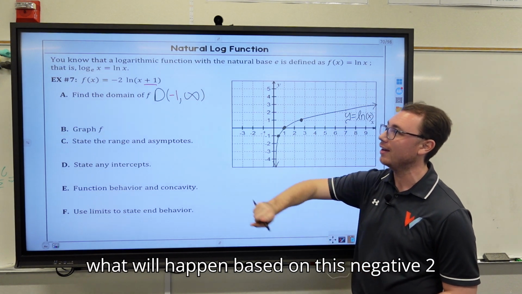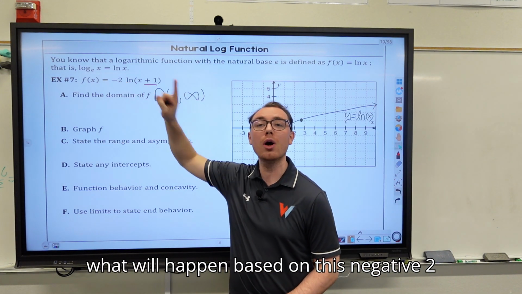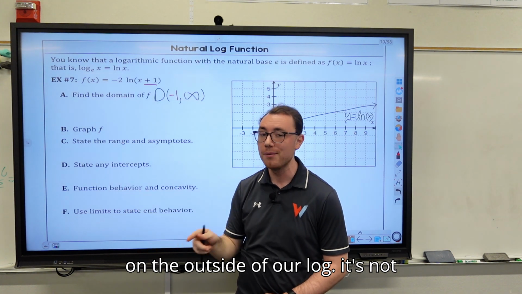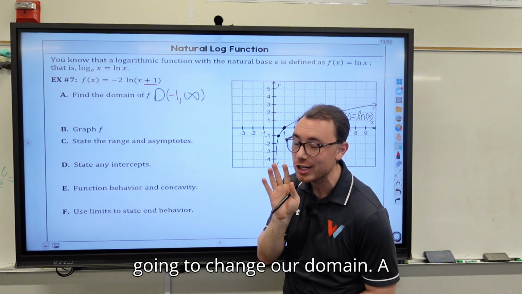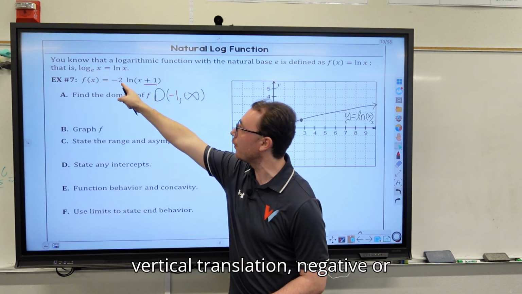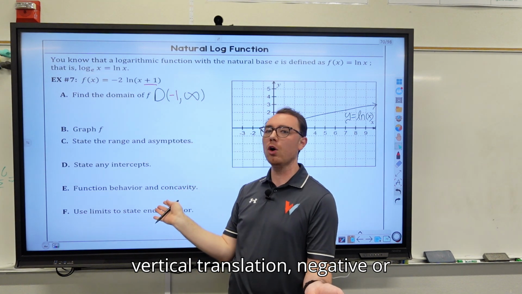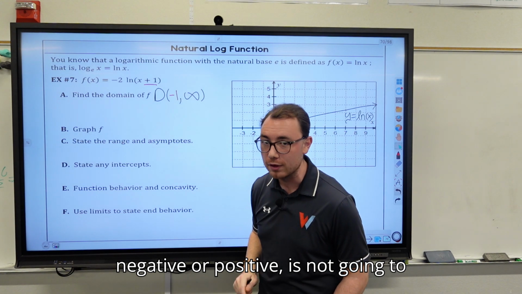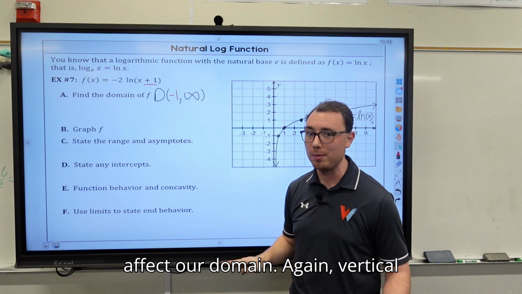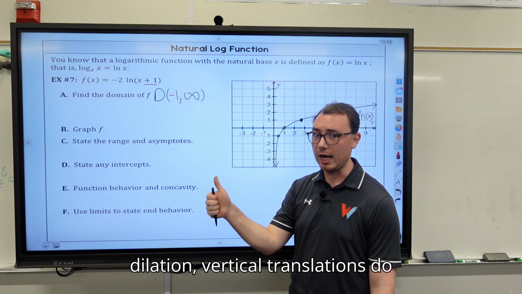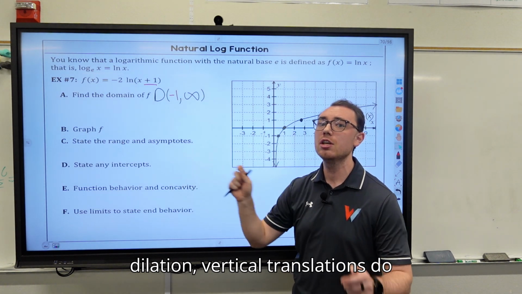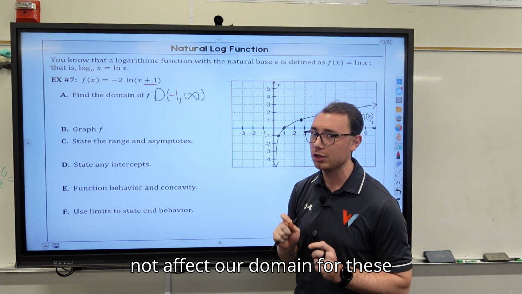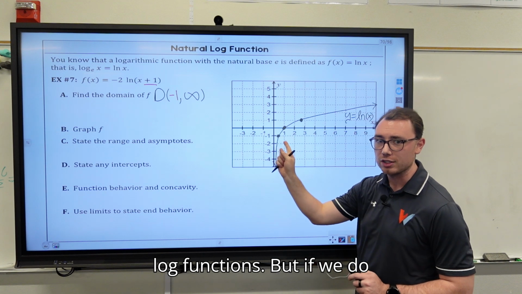Notice what will happen based on this negative 2 on the outside of our log. It's not going to change our domain. A vertical translation, negative or positive, a vertical dilation, negative or positive, is not going to affect our domain. Again, vertical dilations and vertical translations do not affect our domain for these log functions.